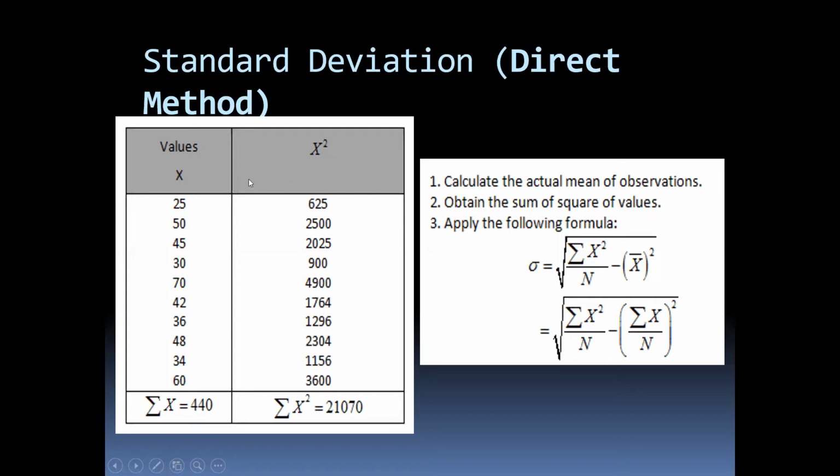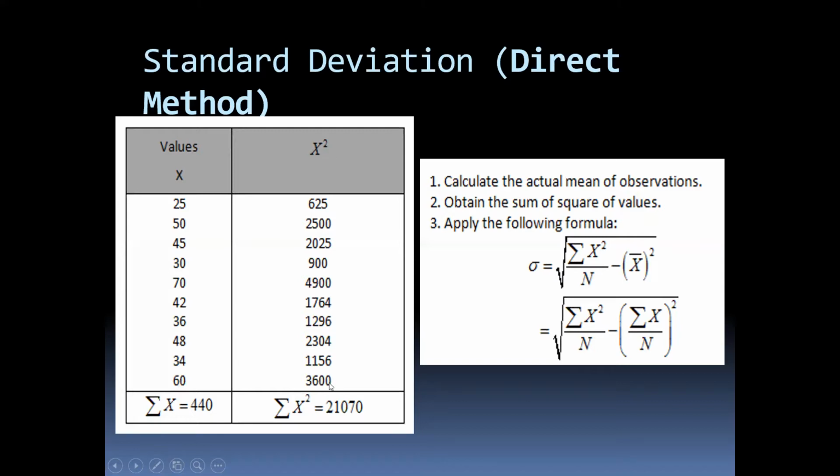So first we'll calculate the square of the values. 25 square is 625, 50 square 2500, 45 square 2025, 30 square 900, 70 square 4900, 42 square 1764, 36 square 1296, 48 square 2304, 34 square 1156 and 60 square is 3600.